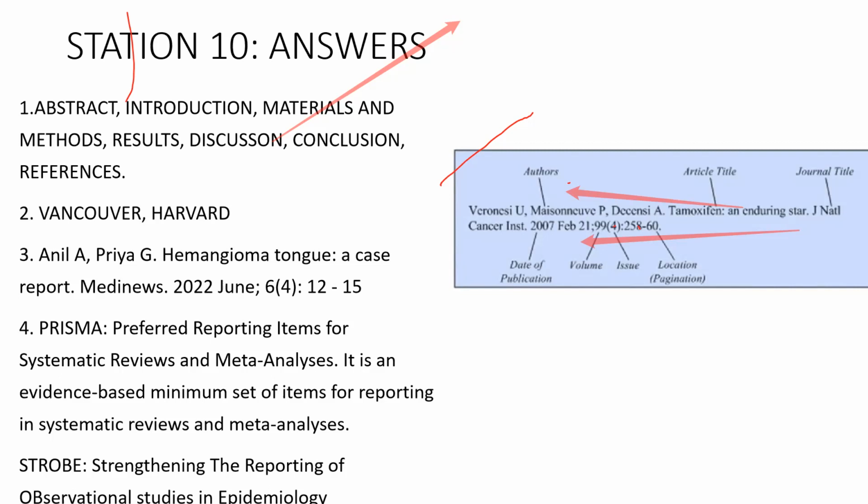So that has good evidence in the present scenario. So it is an evidence-based minimum set of items for reporting in systematic reviews and meta-analyses, and STROBE is Strengthening the Reporting of Observational Studies in Epidemiology. So in DNB OSCE, definitely a question will be there with regard to the evidence, with regard to the reporting.